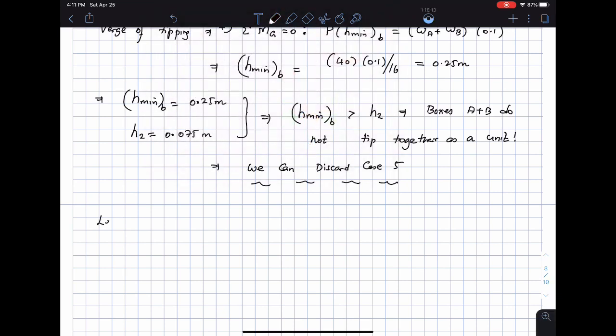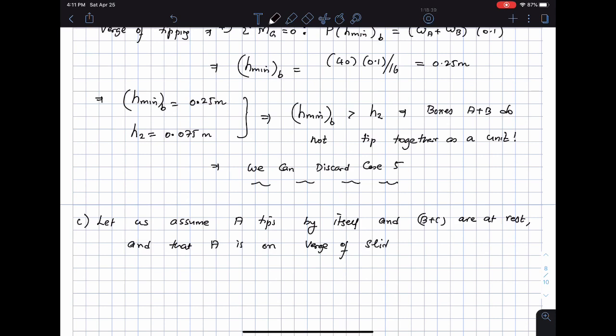Okay, so let us assume now, I'm going to say this is C. Let us assume A tips by itself and B and C are at rest, and that A is on the verge of sliding relative to B and C. Same idea.